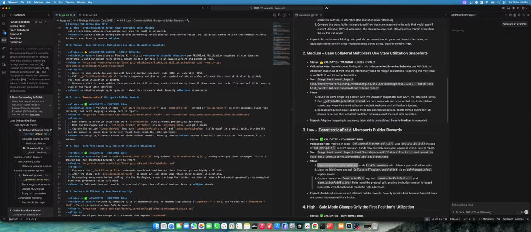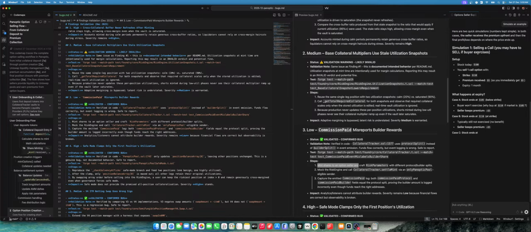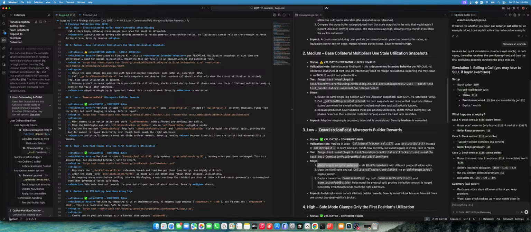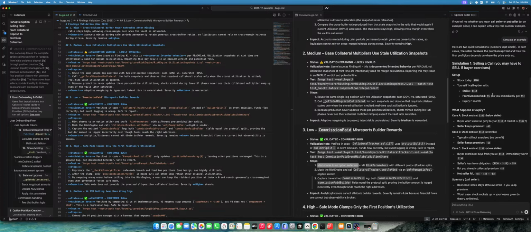Example. So selling a call, you may have to sell. Stock today is $100. You sell one call option with strike price 110.